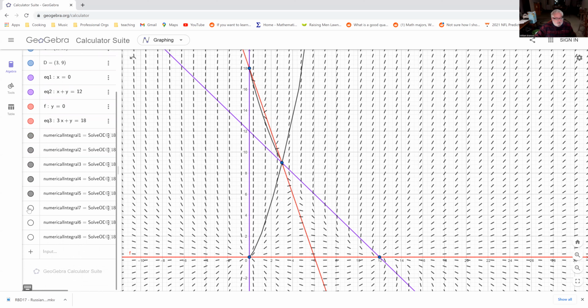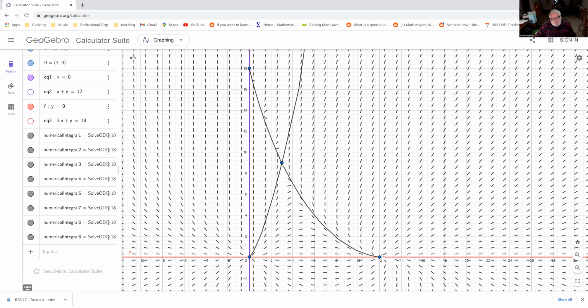We can try and look at the other 2, right? These are the other separatrices. So if we turn off the nullclines, we get that as our solution curves. Maybe we want to keep these 2, right? Red is a solution curve, purple is a solution curve, and the black curves are solution curves.